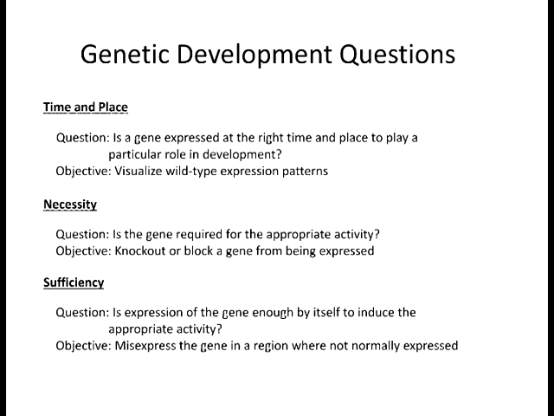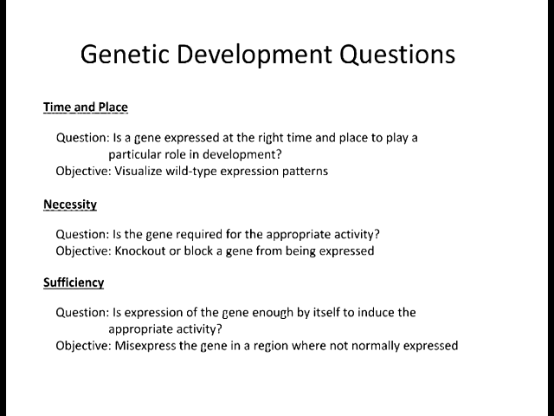Well, the first one, when we study the genetics, because we're looking at the mechanics of how the cells are becoming skin and neurons and tissues and whatnot, we first have to ask a localization question. Is the gene expressed at a particular time and place? We want to know where and when that gene is being expressed.